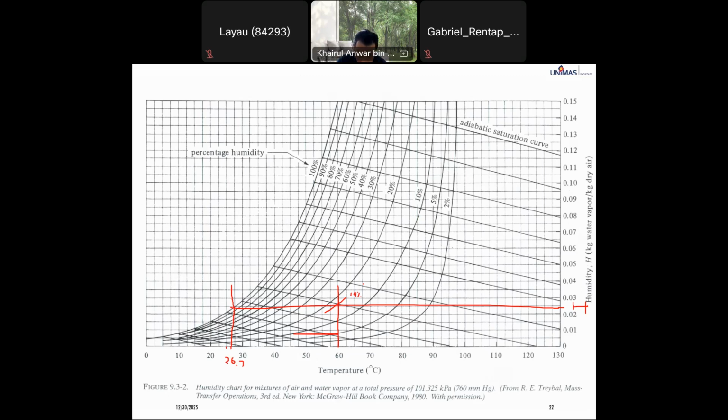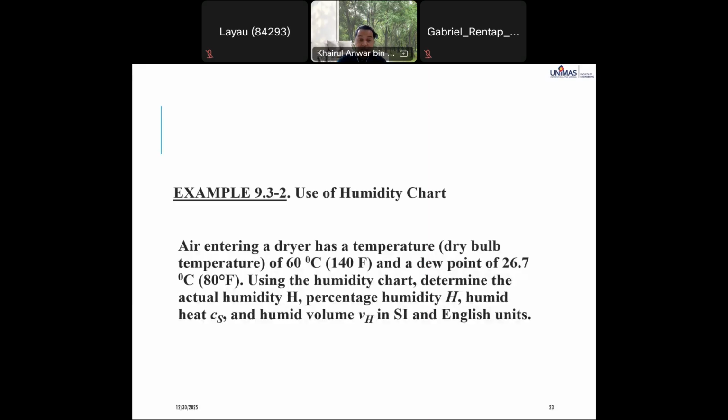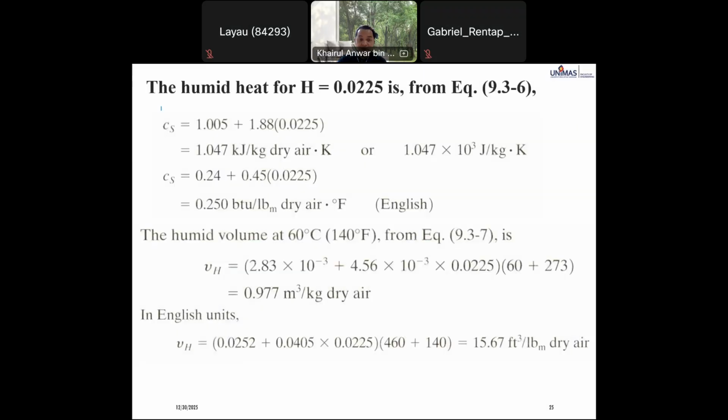Next is the humid volume at 60 degrees C. That one refer to equation 33.3-7. VH equal to 2.83 ton. This is VH.